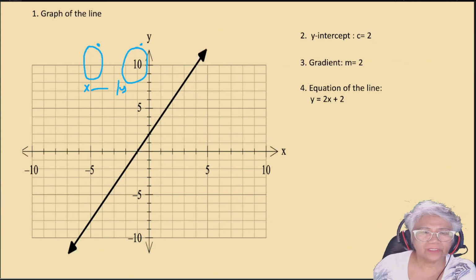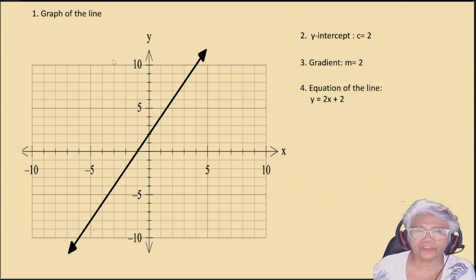Alright, so the solution to this problem would be this. Okay, so the first point here was negative 2 and negative 2. So that was the first point.